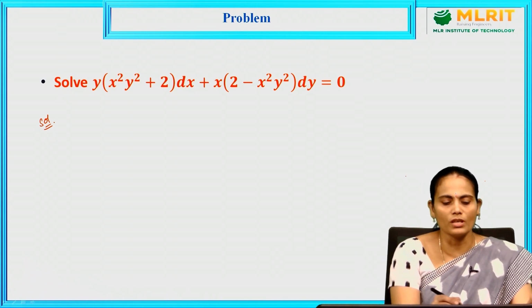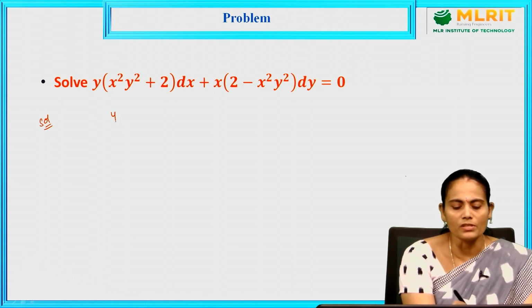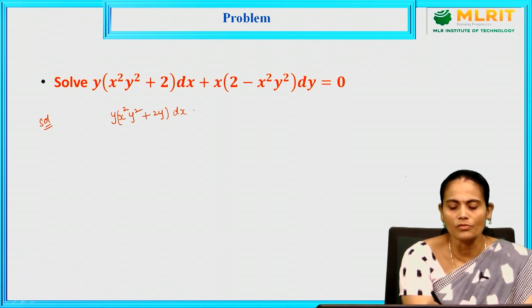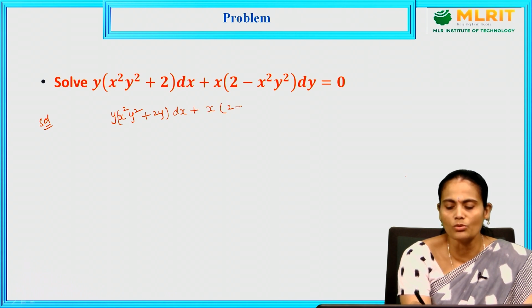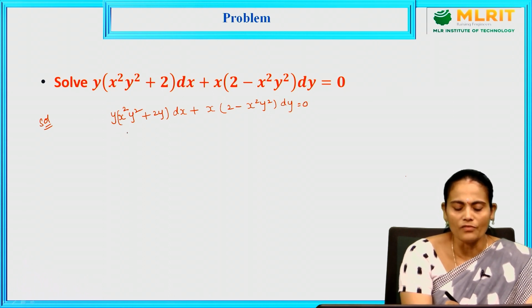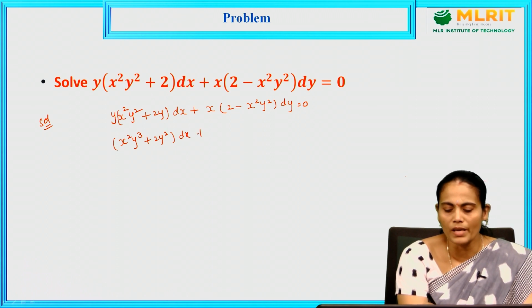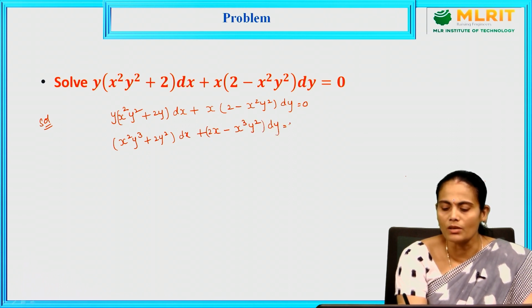Now the solution is, first you have to multiply y with the first term y into x square y square plus 2y dx. So, first I am writing the given differential equation, x into 2 minus x square y square dy is equal to 0. And now we multiply with this: x square y cube plus 2y square dx plus, and multiply with this x, 2x minus x cube y square into dy is equal to 0.